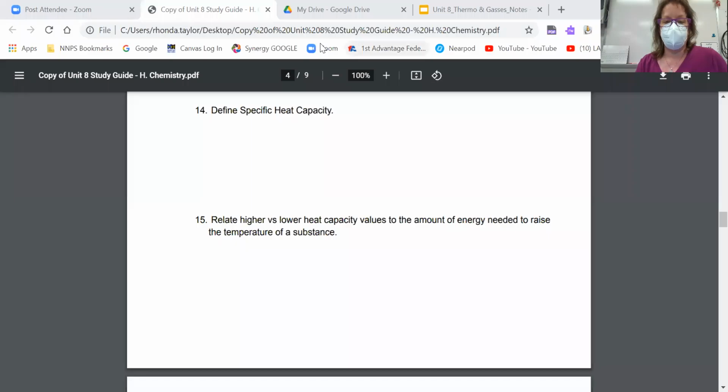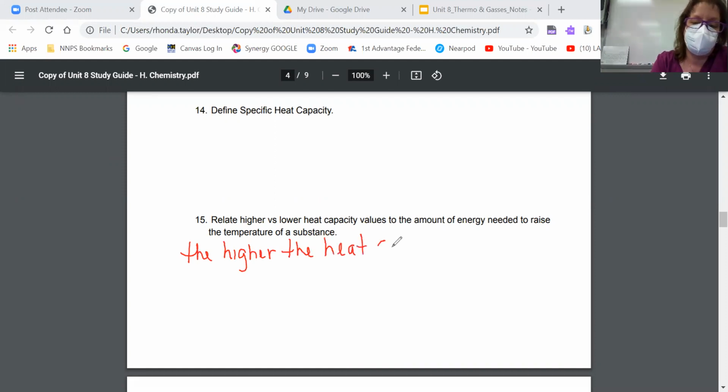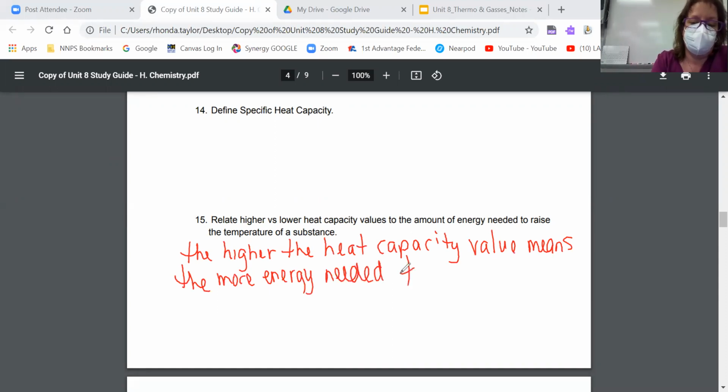All right, so number 15 says to relate higher versus lower heat capacity values to the amount of energy needed to raise the temperature of a substance. So the higher the heat capacity value means the more energy needed to increase its temperature.